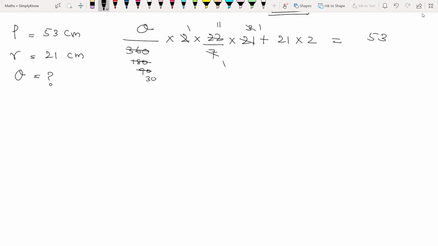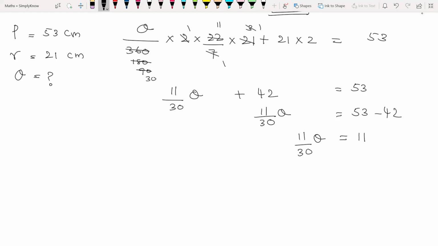Again we get 11 over 30 theta plus 42 equals 53. So 53 minus 42, 11 here. Then let me complete the steps. 11 over 30 theta equals 11.